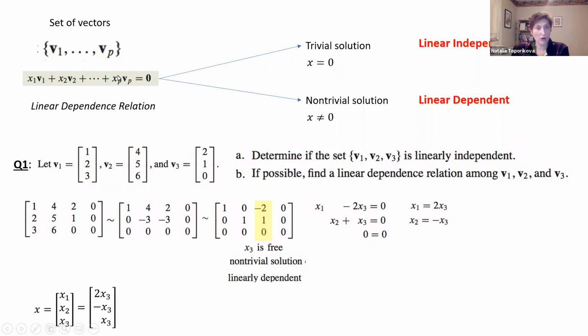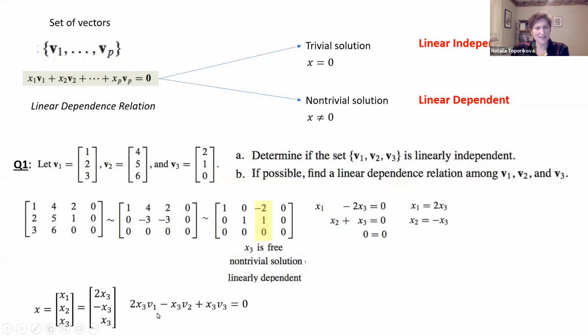So now we have our vectors v, we have our explicit vector x, and again we keep in mind that our x3 is just a number, absolutely any number. So we just plug it into this equation and form the linear dependence relation.